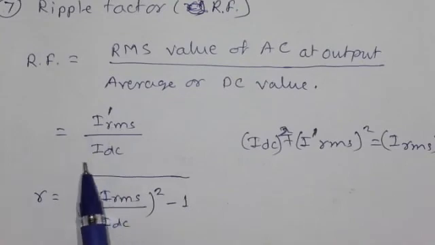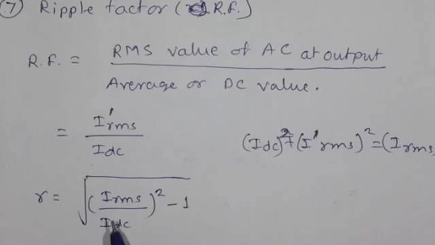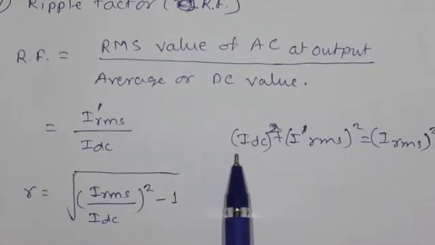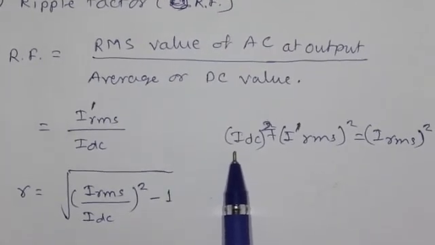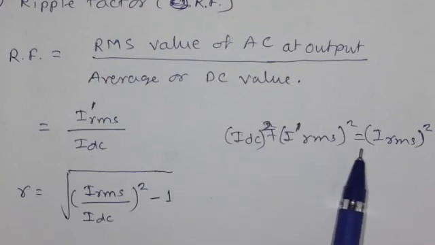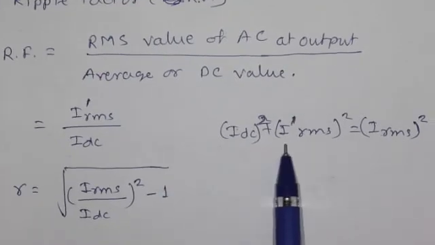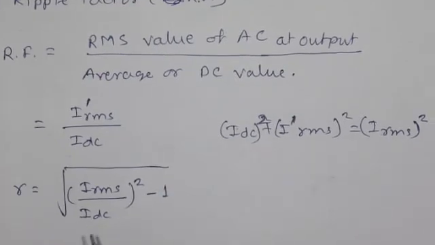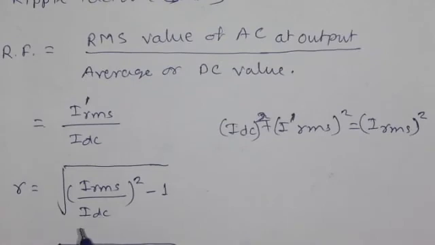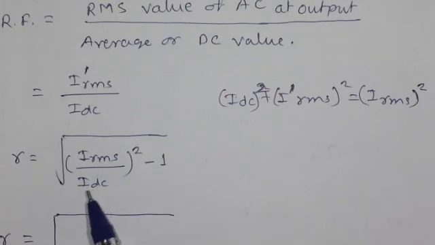Now we cannot directly get that I dash RMS upon IDC, but the value can be calculated from this equation: IDC square plus I dash RMS square equal to IRMS square. By using this formula, we simplify the quantity like this: ripple factor equals square root of (IRMS upon IDC) whole square minus 1.